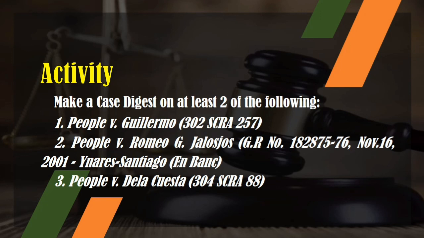One is the case of People of the Philippines versus Guillermo, 302 SCRA 257, SCRA or Supreme Court Reports Annotated, class, or People of the Philippines versus Romeo J. Alusos, GR numbers 182875-76, November 16, 2001.